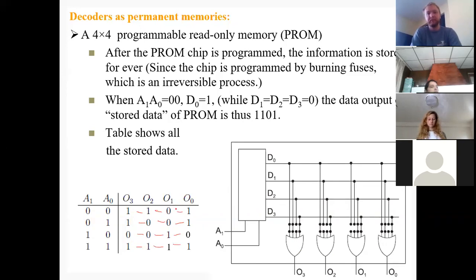If you want to store these 4 words, then you have to blow the fuse the way I blew. Meaning, you have to blow this fuse, you have to blow these 2 fuses, you have to blow these 2 fuses, and you have to blow this fuse.